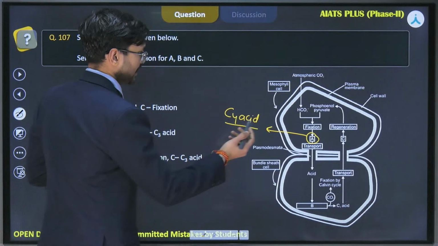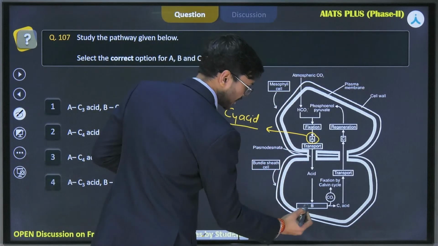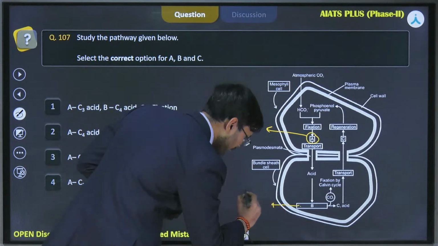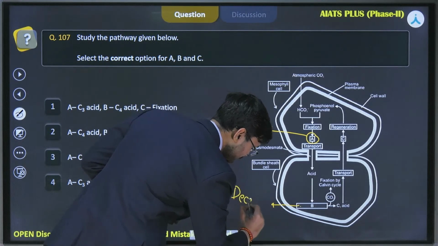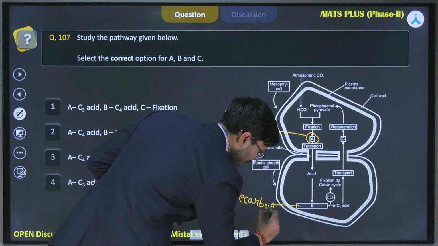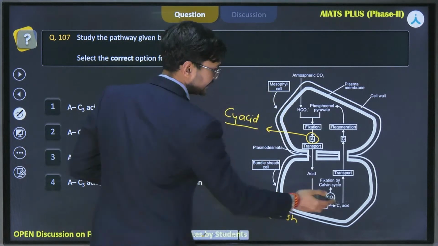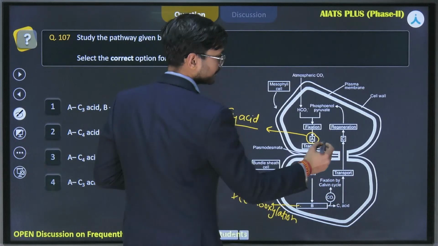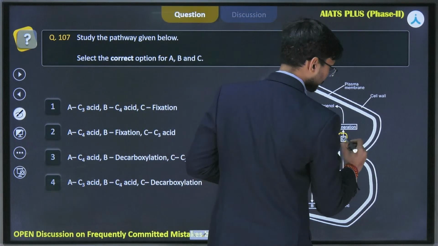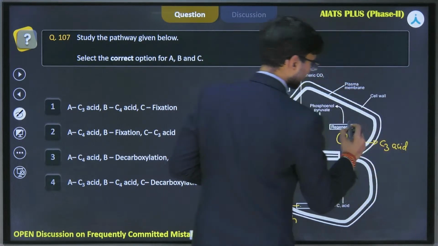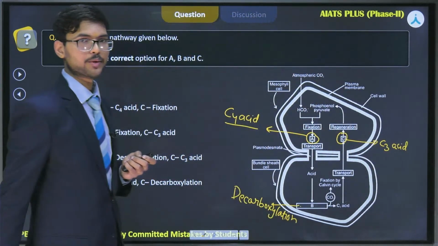So here A is a C4 acid, which gets transported into the bundle sheath cell, and the process here is decarboxylation. And then the C3 acid gets transported again into the mesophyll cell. So C is a C3 acid, and it will regenerate into phosphoenol pyruvate.